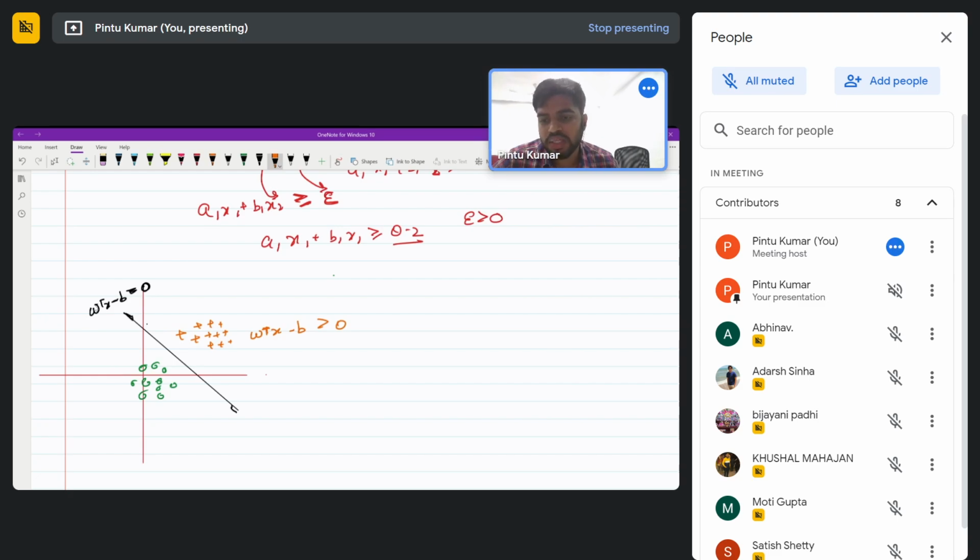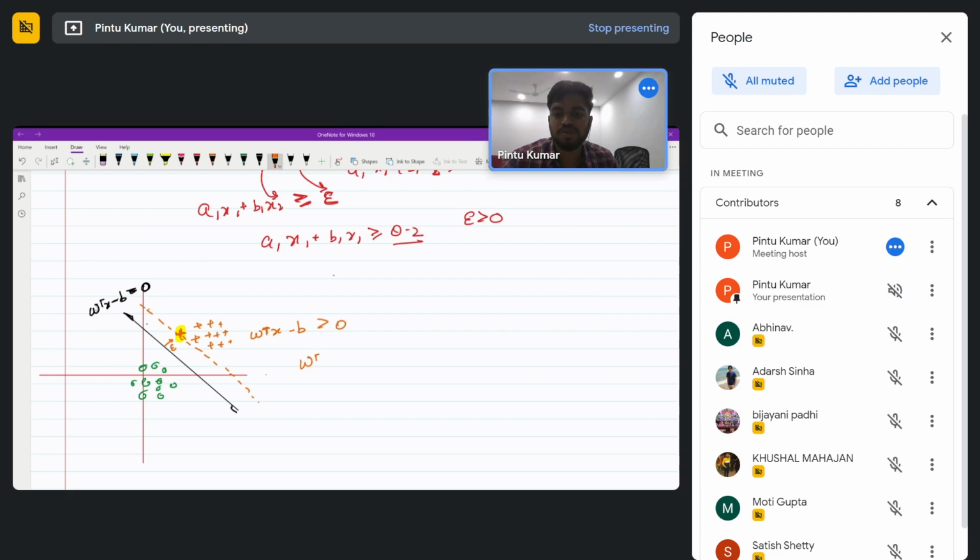So if you want to see this particular point, for example, and you want to see what kind of value it satisfies, if you just shift this line by, let's say, some epsilon distance, then you will get this line. Now, what would be the equation for this line?